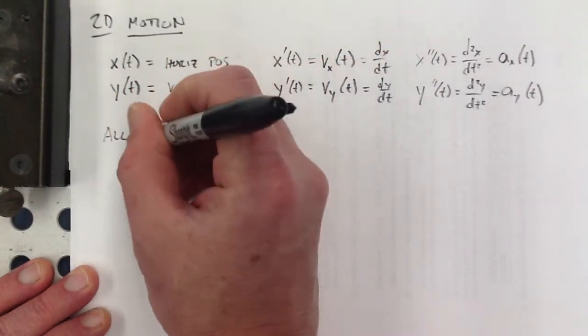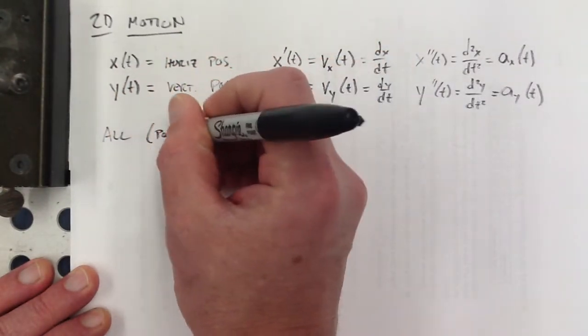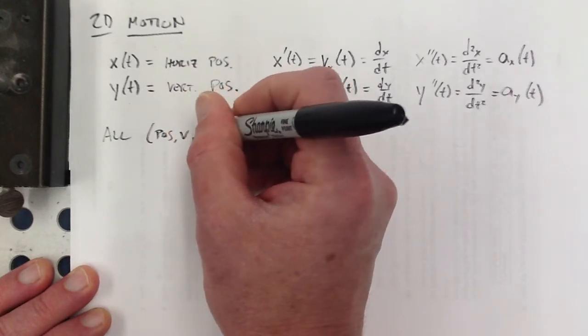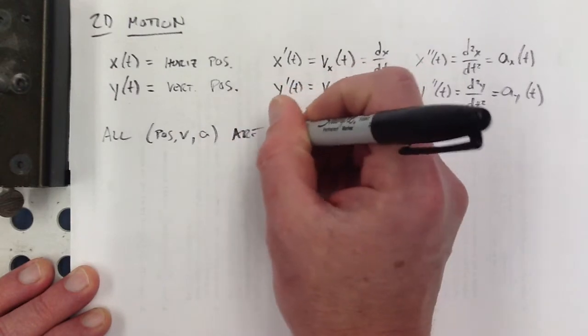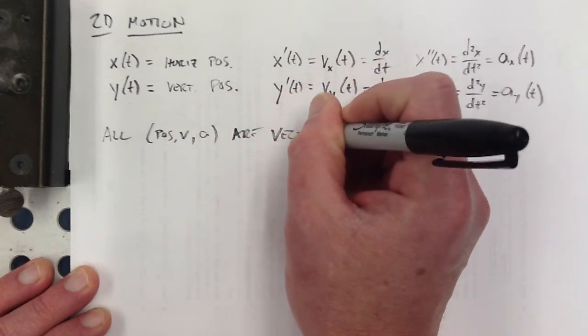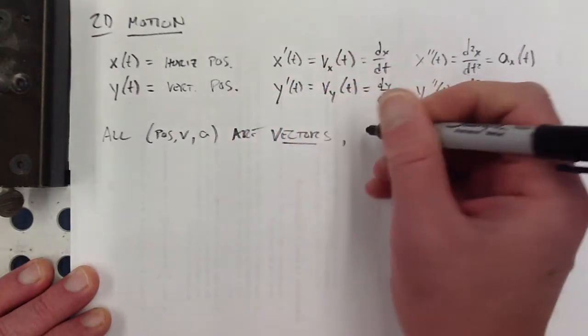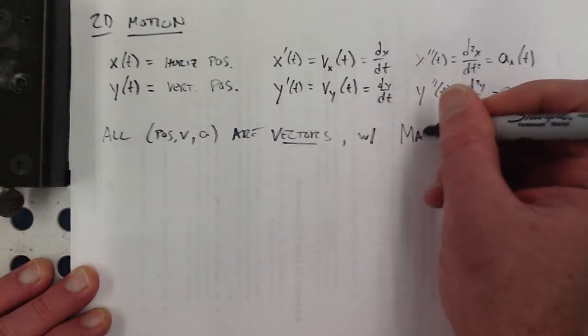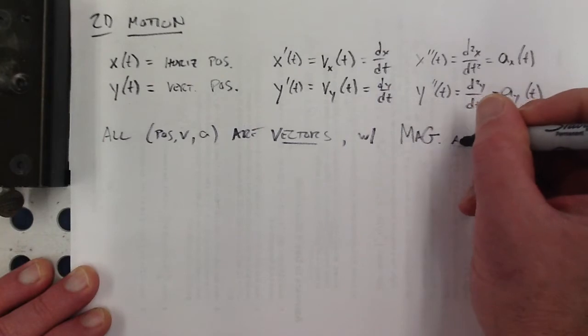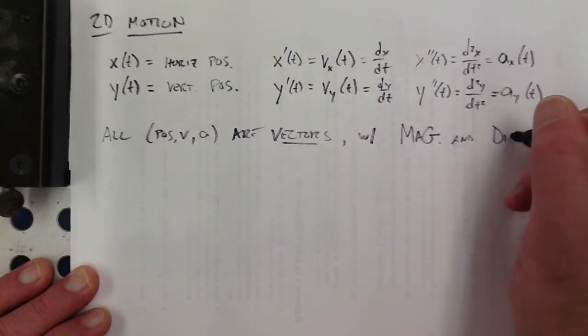Now, all of these things are vectors. When I say all, I mean position, velocity, and acceleration are vectors with a magnitude and a direction.